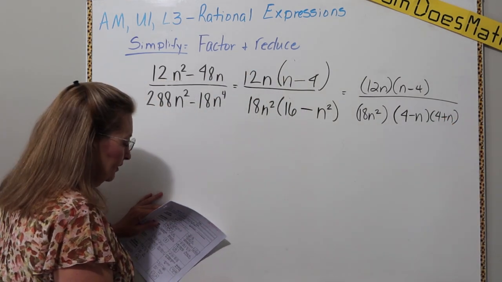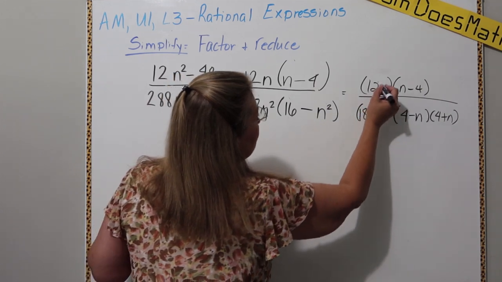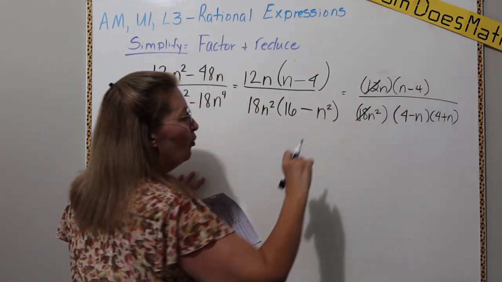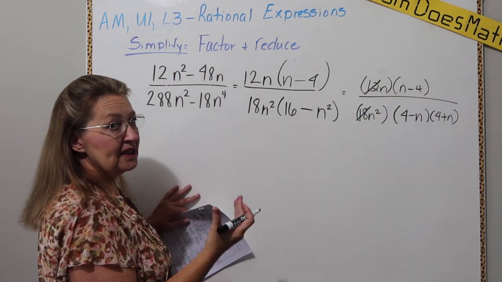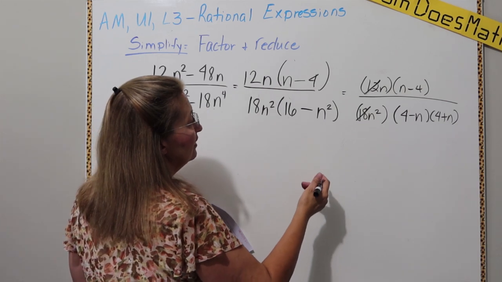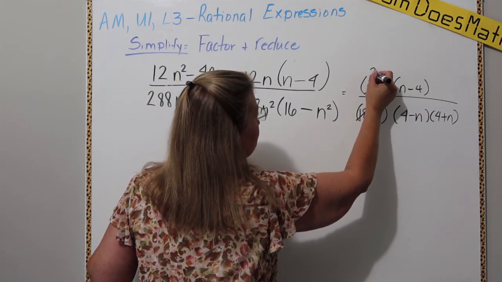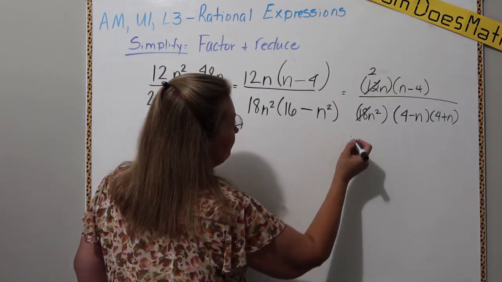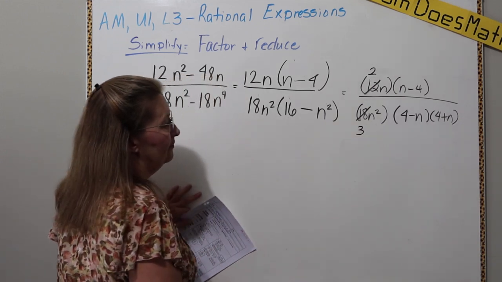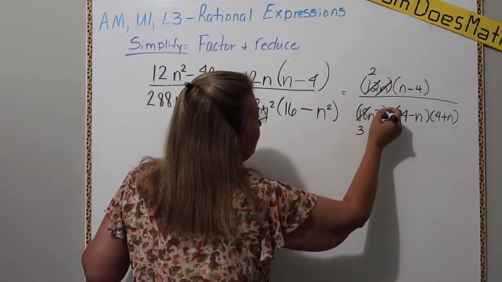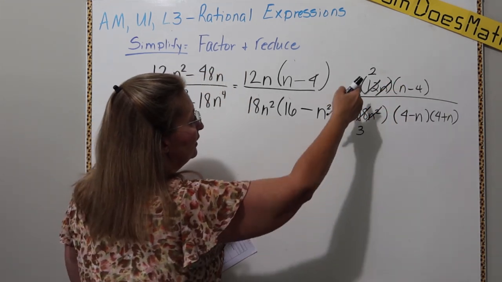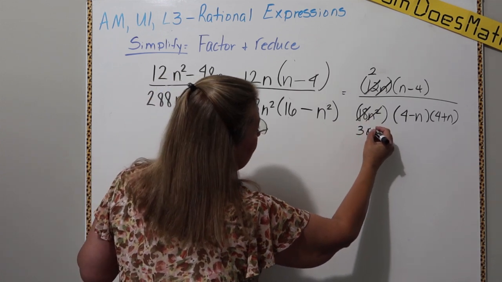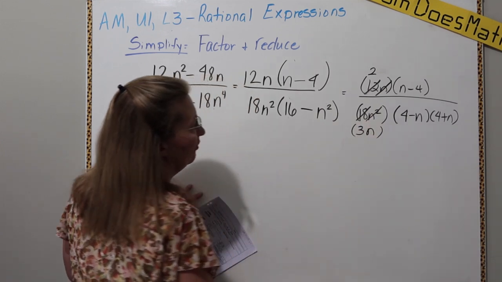Okay? Now, let's reduce. 12 and 18, what can I reduce that by? 6. 6 will go into both of those. 12 divided by 6 would leave me 2, and 18 divided by 6 would leave me 3. Now when you reduce the n over the n, I've got n on top, n squared on the bottom, so that leaves me an n on the bottom.